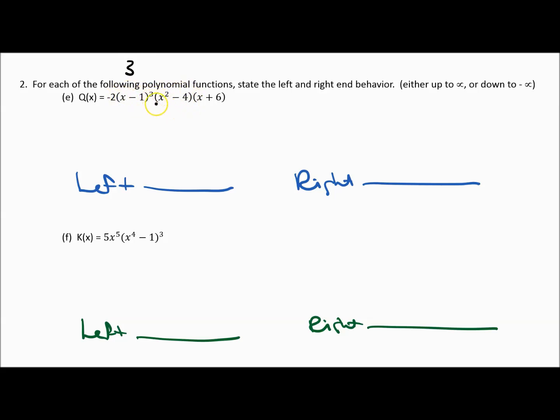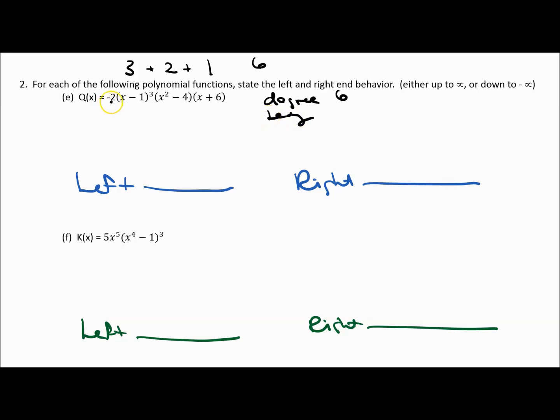There is an x squared here, and for this part x to the first. And when you multiply bases, you add the exponents together. So you're going to add this 3 plus this 2 plus this 1, and this is going to be a degree 6. So when you're thinking about this problem, this is a degree 6 with a leading coefficient.